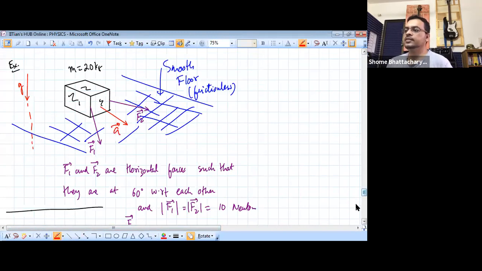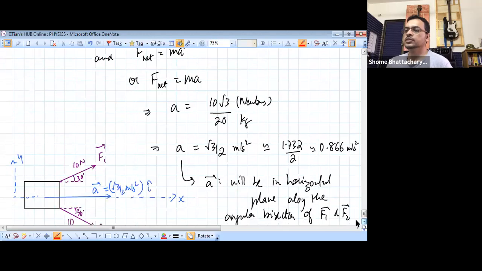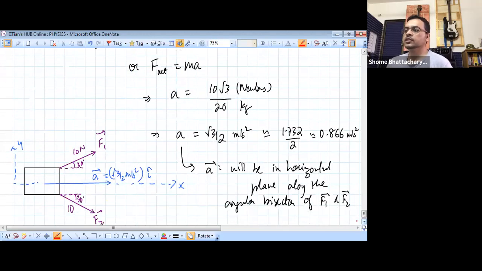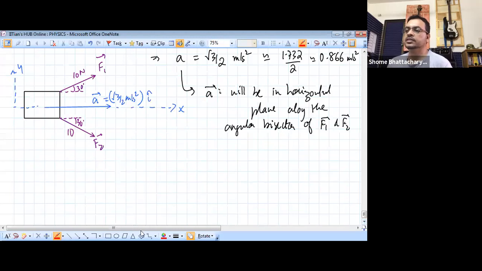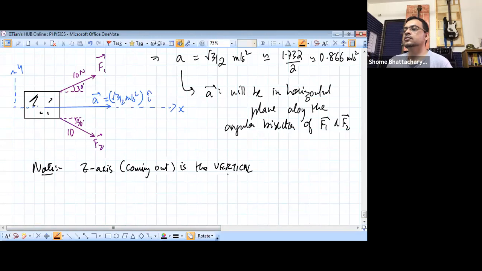In the diagram that I have shown below, you can see that xy is the horizontal plane. The z-axis is the vertical axis. This is the view we are taking from above. This is the top view. The z-axis, which is coming out of the plane, is the vertical axis. Okay. XY plane is the horizontal plane.